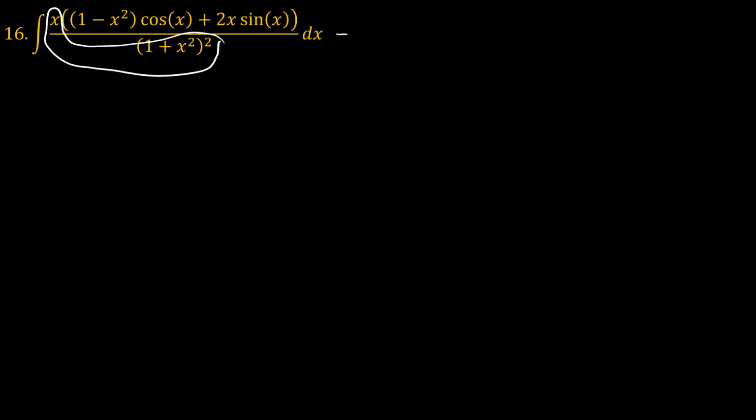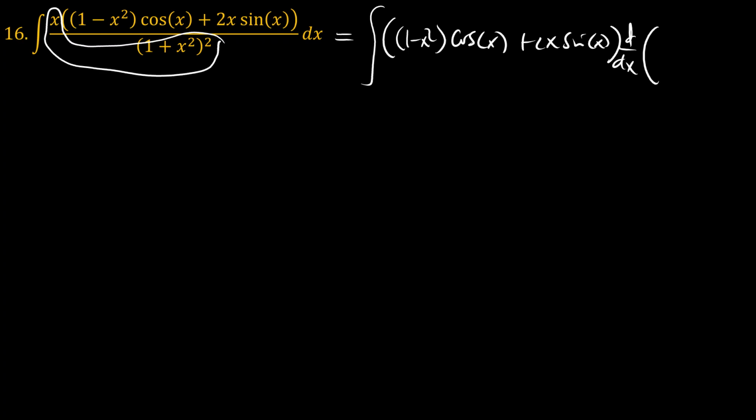So what that means is that our integral is the same as the integral of ((1 minus x squared) cosine of x plus 2x sine of x) times the derivative of negative 1 over (1 plus x squared), right?